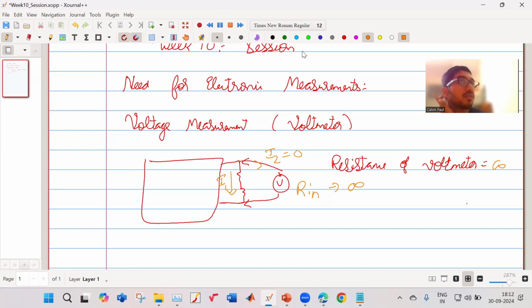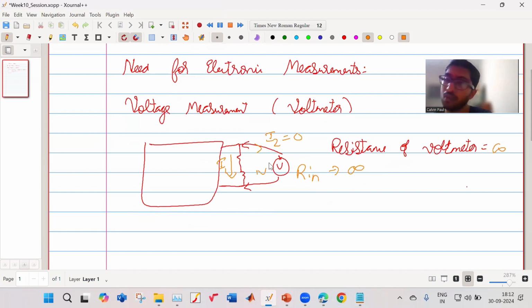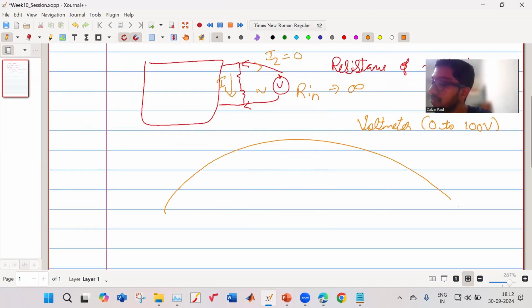So suppose this voltage is around 1 volt, and we have a voltmeter from 0 to 100 volt. On that scale, this is 0, this is 50, this is 100, and 10, 20, 30, 40, 60, 70, 80, 90.